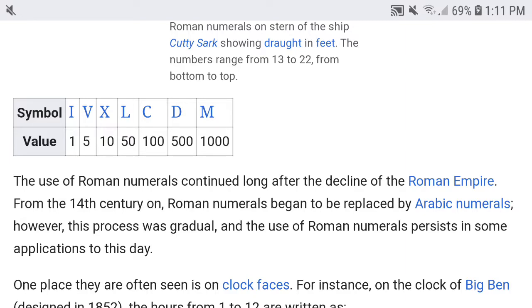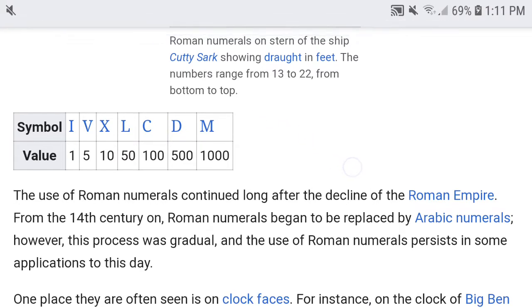The most used for Roman numerals, I think, for the greater numbers, is for the year basically. Like 2022 will be MMXXII, if I remember. M is 1,000, so there will be two, meaning MM, and then 20 itself is XX, and then two is II.